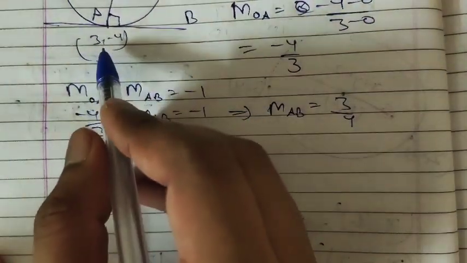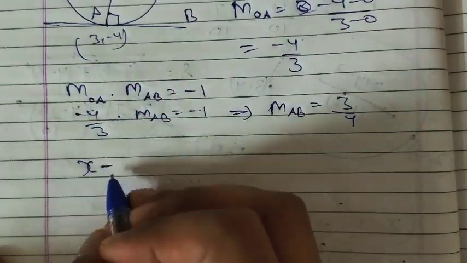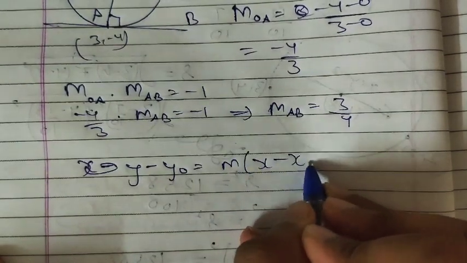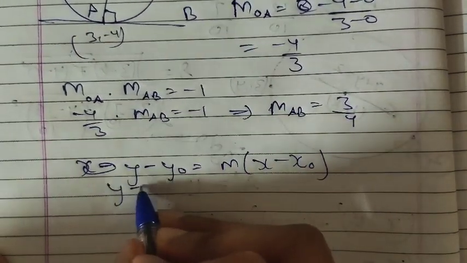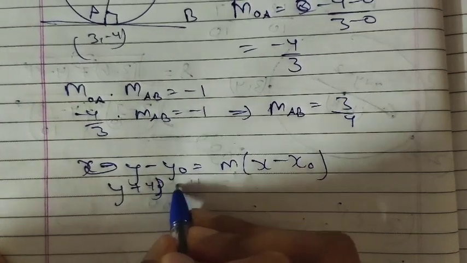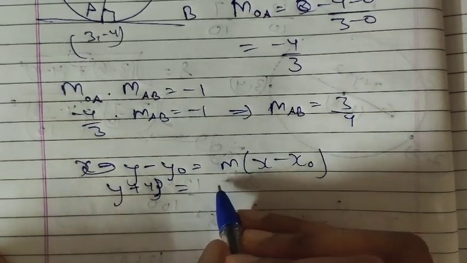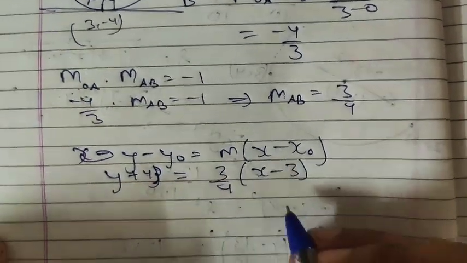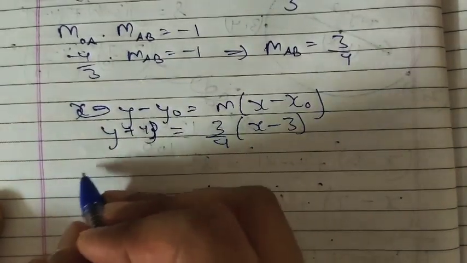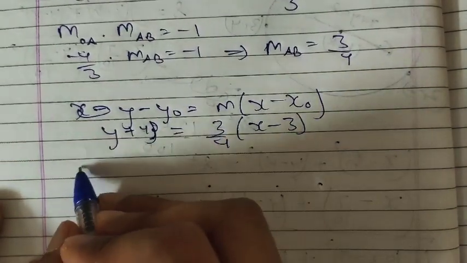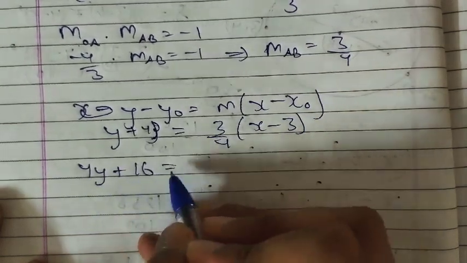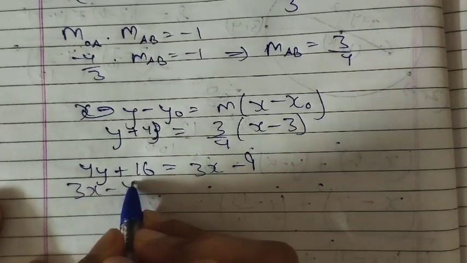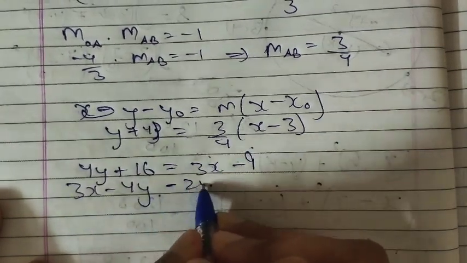And one point we also know. So y minus y naught is equal to m times x minus x naught. So let's put the values: y plus 4 is equal to 3 upon 4 times x minus 3. So let's cross multiply. 4 multiplied by y is 4y plus 16 is equal to 3x minus 9, or we can say 3x minus 4y minus 25 is equal to 0.